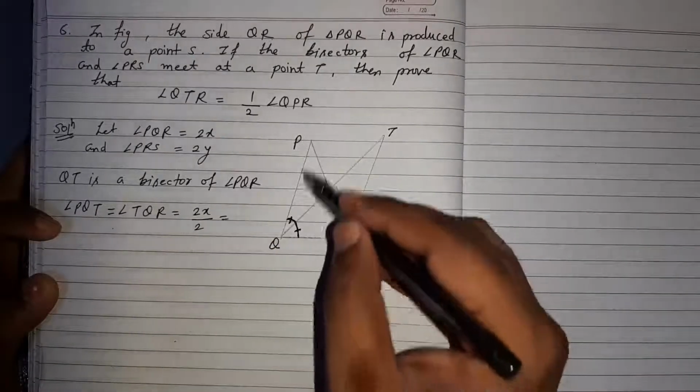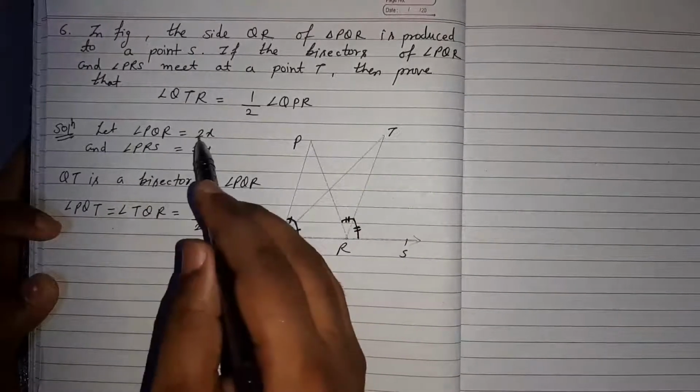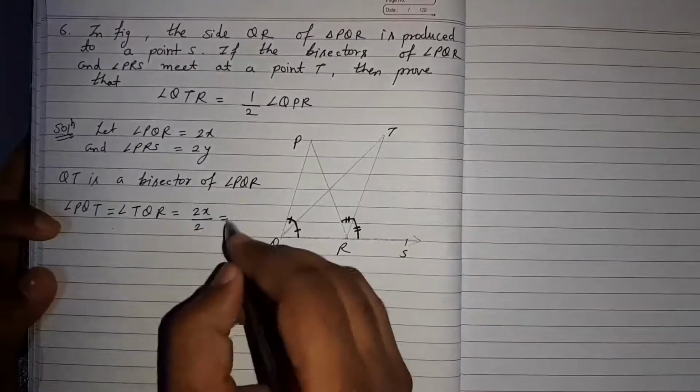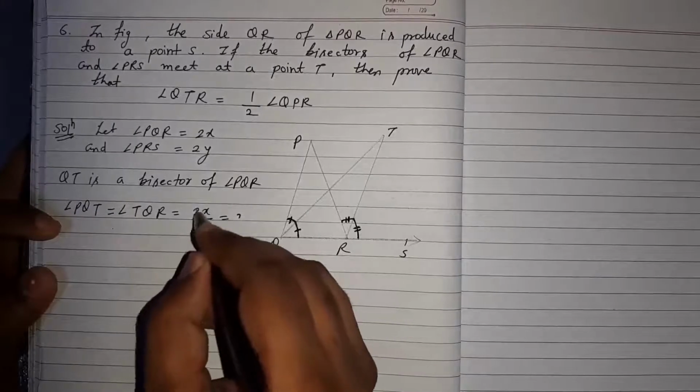Half of angle PQR, and angle PQR we have taken as 2x, so after cancellation it will be x.